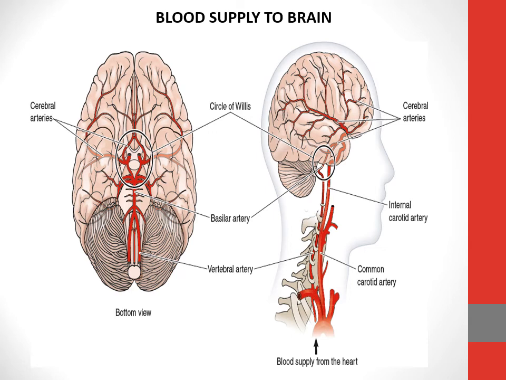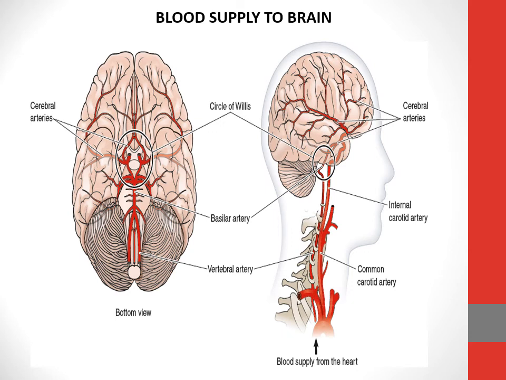So if you look at the image on the right, you'll see that there's the internal carotid that's branching off the common carotid. Okay, that's going to go through the cranium, so the cranial vault, and supply blood to the brain, and so is the vertebral artery.